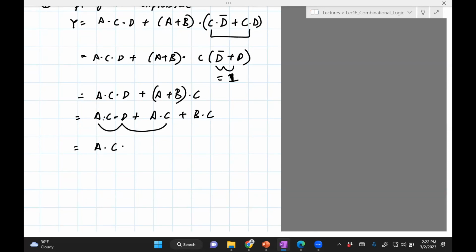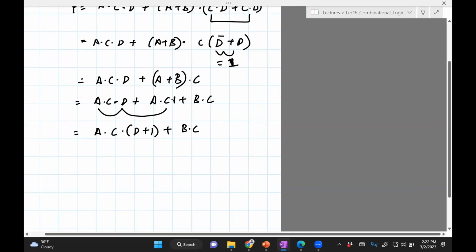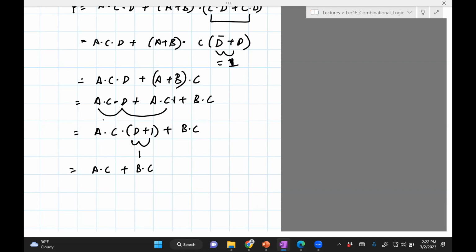A.C dot D plus 1, because this is 1 here, plus B.C. But if you do D plus 1, D can take only 0 and 1. 0 plus 1 is 1, 1 plus 1 is 1. So D plus 1 is simply 1. So we have A.C plus B.C.